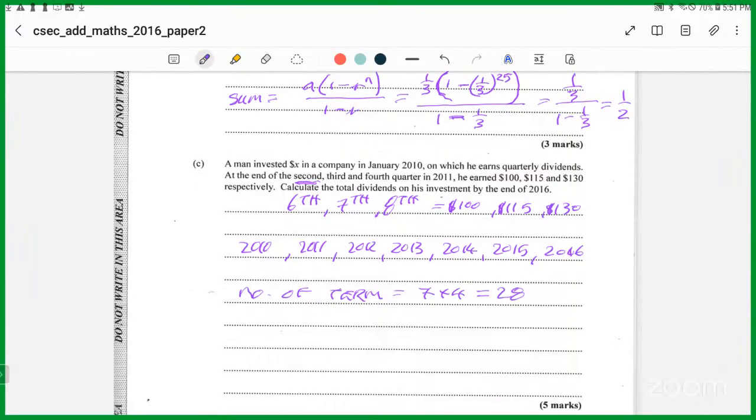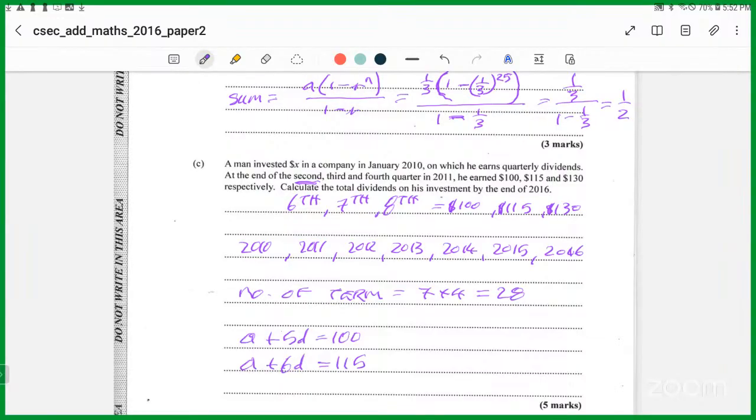But we need to find the a. We know the d already, we need to find the a. So the 6th term is 100, and the 6th term is a plus 5d is 100, and the 7th term is 115, so a plus 6d is 115.